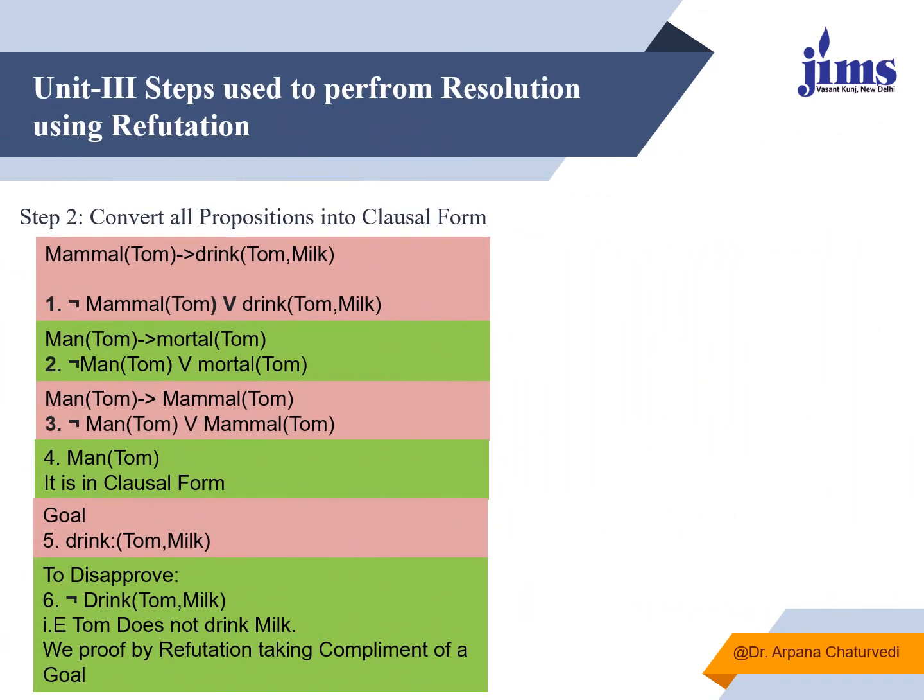So keeping that in mind, firstly we are removing all symbols of implication, and we know that if P implies Q, then it can also be said as not P or Q. Keeping this rule in mind, Tom is a mammal implies Tom drinks milk, we can also write as Tom is not a mammal or Tom drinks milk.